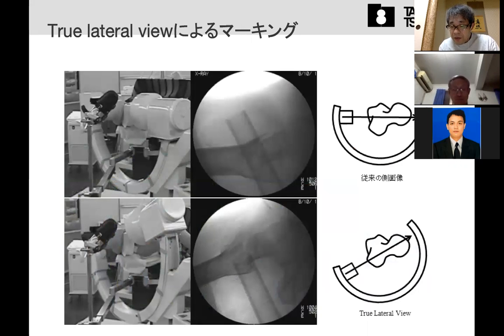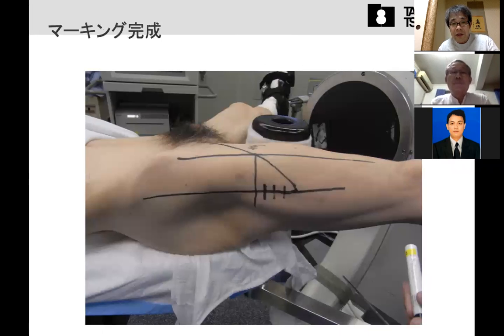It is quite important, a very useful view, not only for femoral head fracture, but also for trochanteric fracture, like intramedullary nail and DHS in both. This is the complete marking.